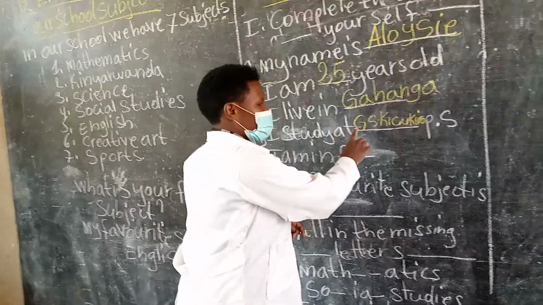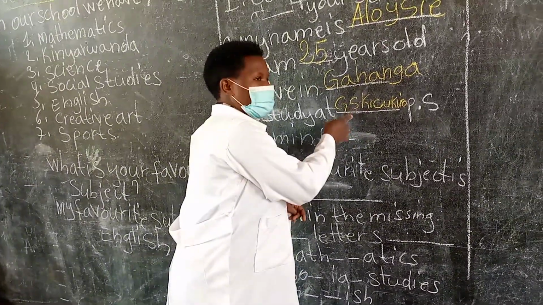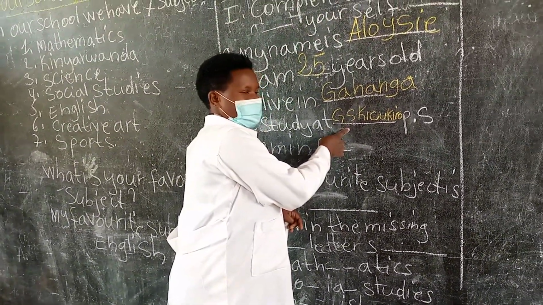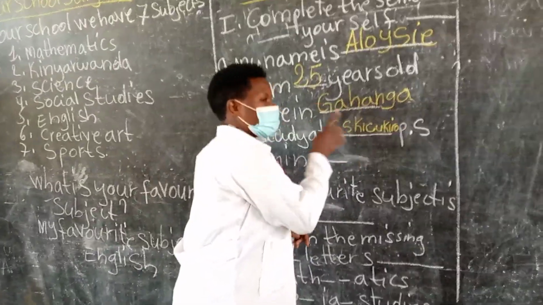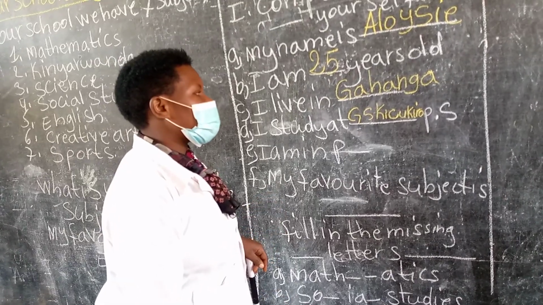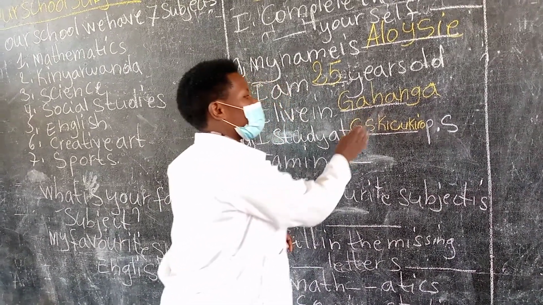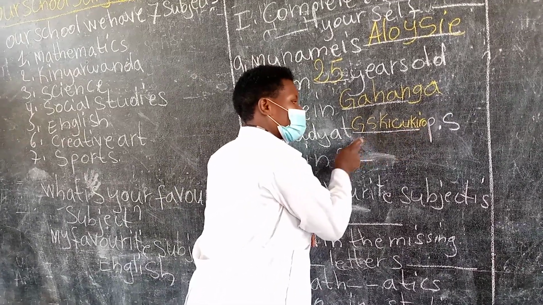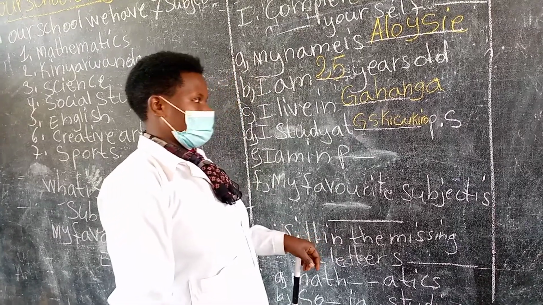GS is a combination of secondary and primary. But I want primary. When it is primary, we can't say GS. But this school is GS Kituki.